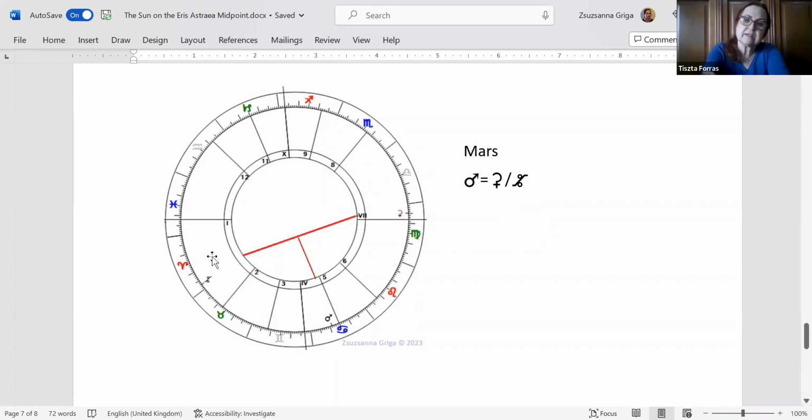The remaining aspects are not forming, so this is not a configuration. It is a midpoint structure. Mars, the warlord, is joined by Ceres, the nurturing principle, and Astraea, the karma breaker. And don't forget, this is a Cancer Mars, which is a domestic Mars.